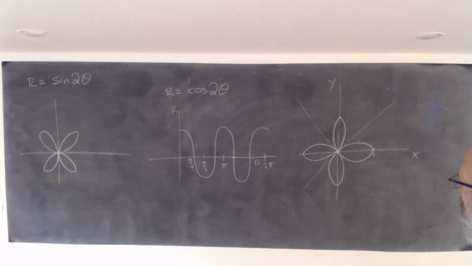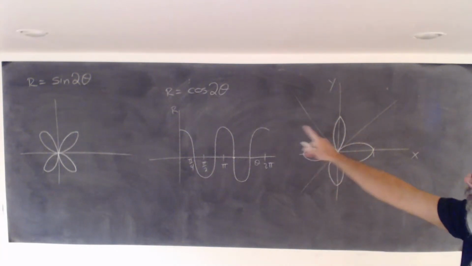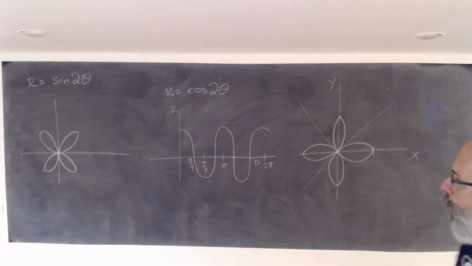So sine of 2 theta and cos of 2 theta each have 4 petals here. Very nice.